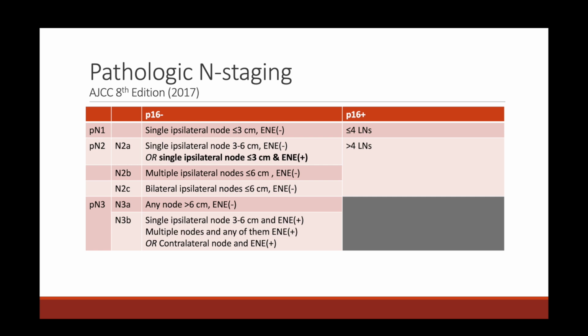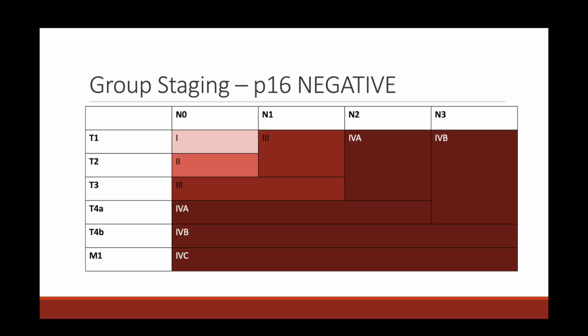With the pathologic nodal staging, it's N1 or N2. There's no N3 with the pathologic staging. If it's 4 or fewer nodes, it's pathologic N1. If there's 5 or more, it's pathologic N2. And then I don't have a slide on M0 versus M1, but whether it's P16 positive or negative, M1 is any distant metastases.